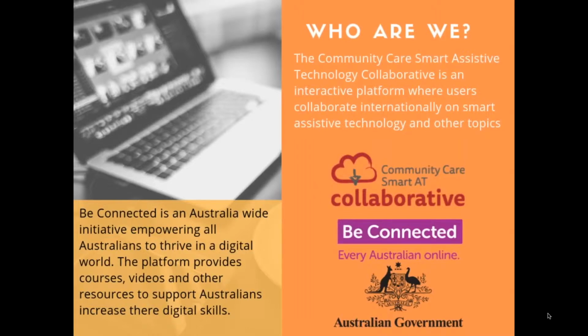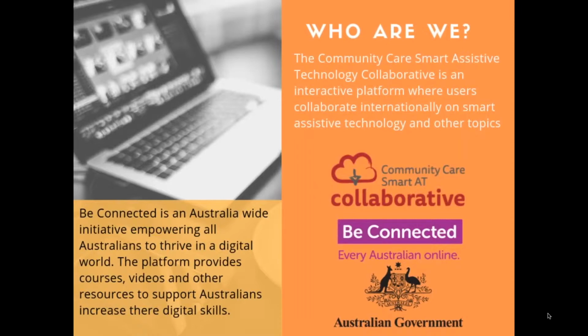This webinar is facilitated in collaboration with the Be Connected Network. The Be Connected Network provides a range of helpful resources to improve digital literacy and inclusion in Australia. The network offers resources including courses on the basics of technology, online safety, and more.